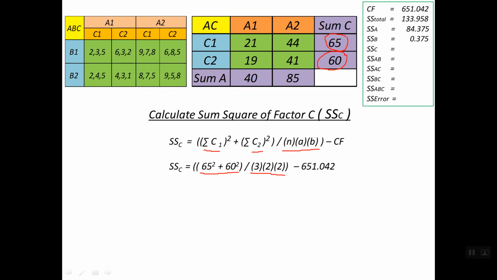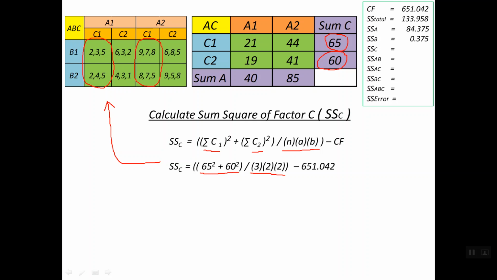Let's count the number of observations for C1, for example. Again, we return back to the main table. C1 simply includes these observations and these observations. If you make a simple summing up for all of these observations, you will get the value of C1, which is 65.